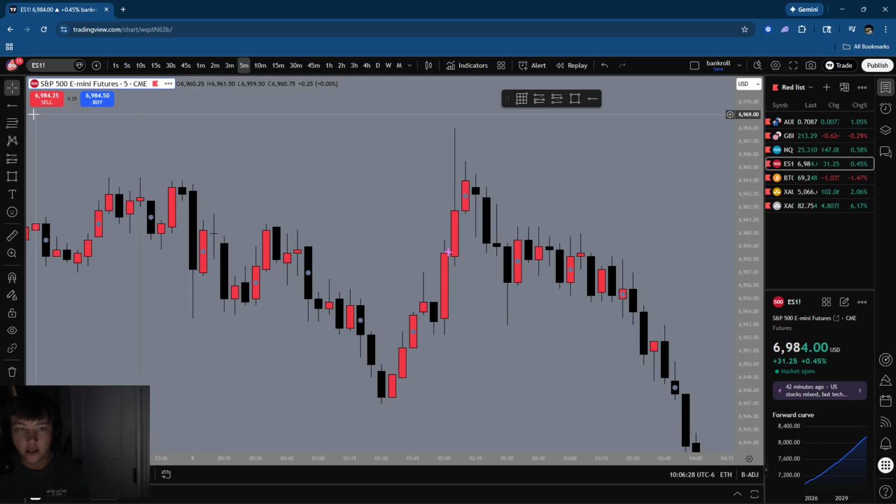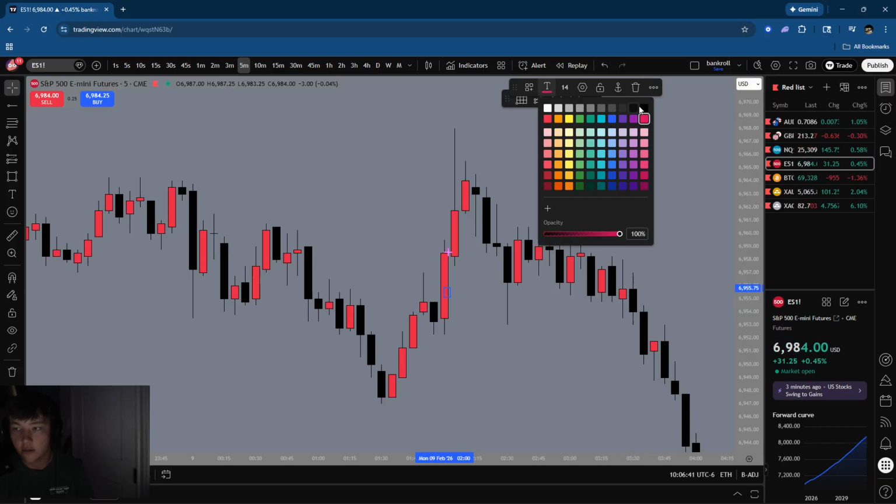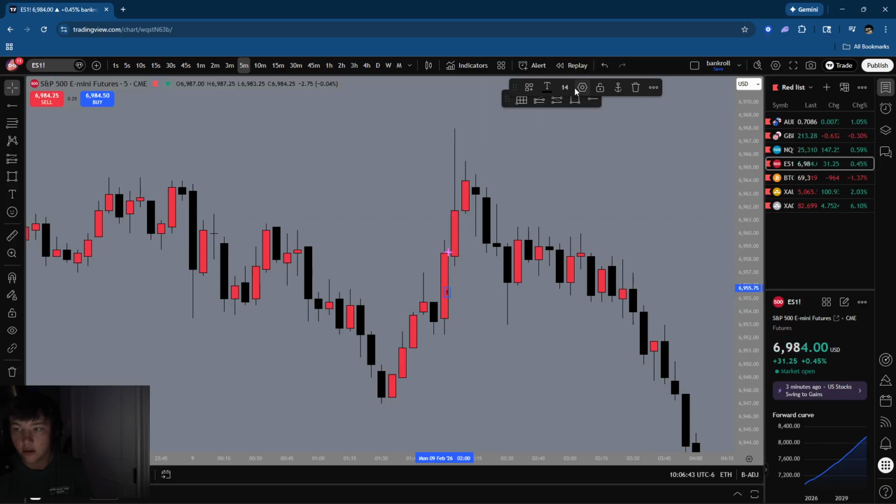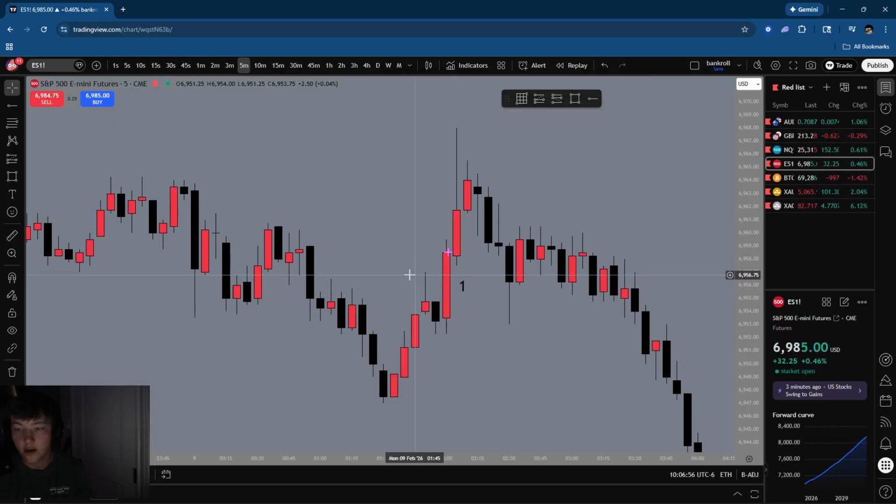All right, so it's a 3 candle sequence. We'll have candle 1. We're making this black. Okay, so we have candle 1 here. Alright, candle 2.